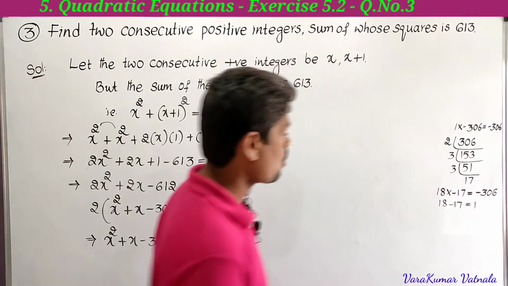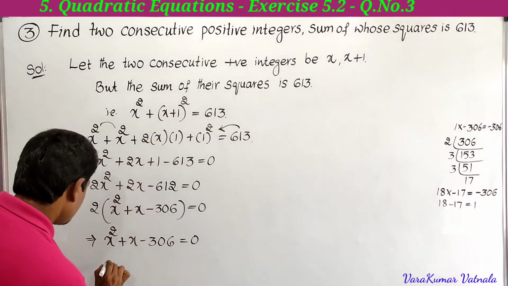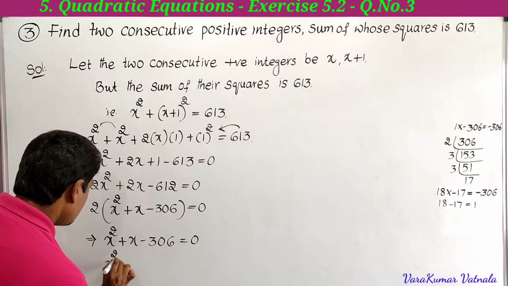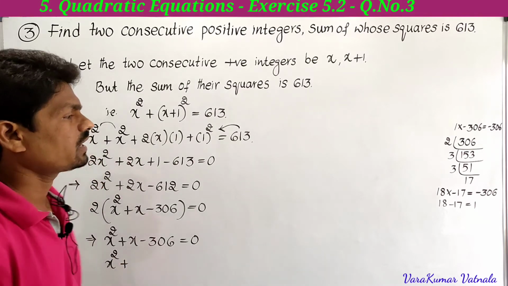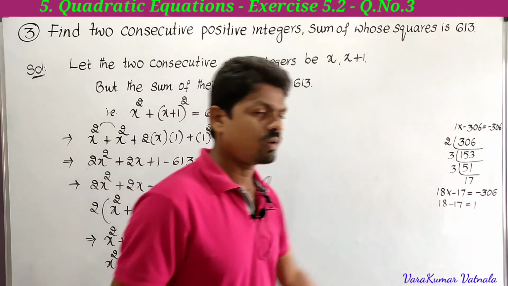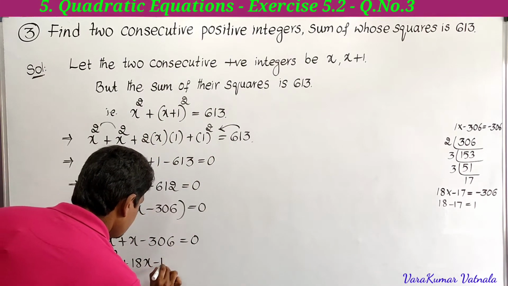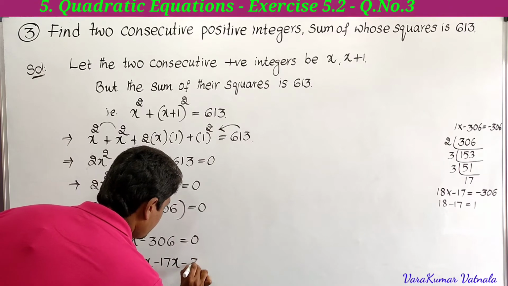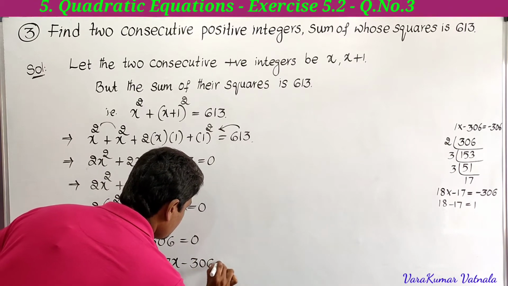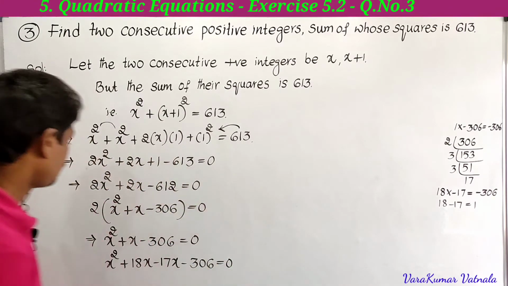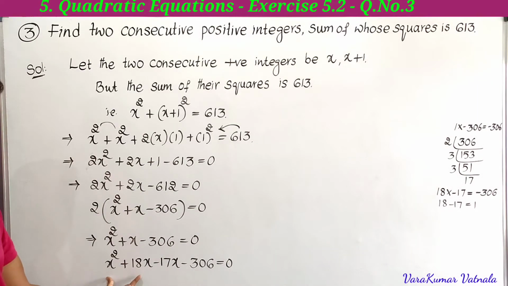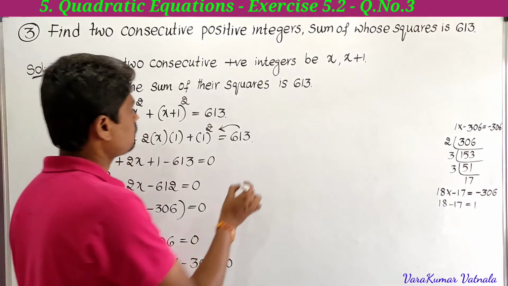So see here how can we write. We write this x square as usual, but this plus x we can write as plus 18x minus 17x, minus 306 equal to 0. Now from the first two terms we take x common.